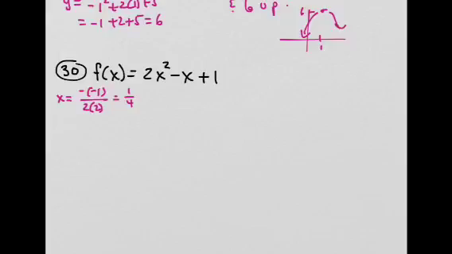So I can write it as y equals, or f of 1/4, it's the same thing. I'll just put y equals 2 times 1/4 squared minus 1/4 plus 1. So 1/4 squared, remember, order of operations, you have to square the 1/4 first. So that's 1/16.